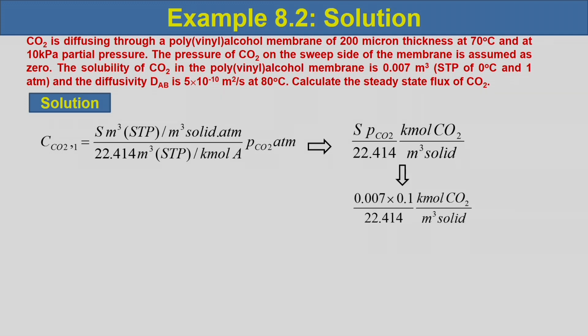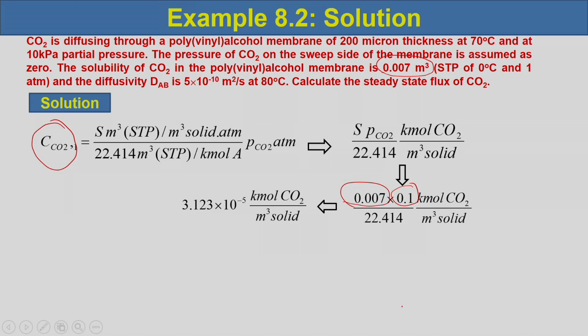So, if we substitute over here, S is 0.007 meter cube, and the partial pressure is 10 kilopascal, which is 0.1, divided by 22.414 kilomole carbon dioxide per meter cube solid. So, this would be equal to 3.123 into 10 to the power minus 5 kilomole carbon dioxide per meter cube solid. So, we have calculated the concentration of carbon dioxide.